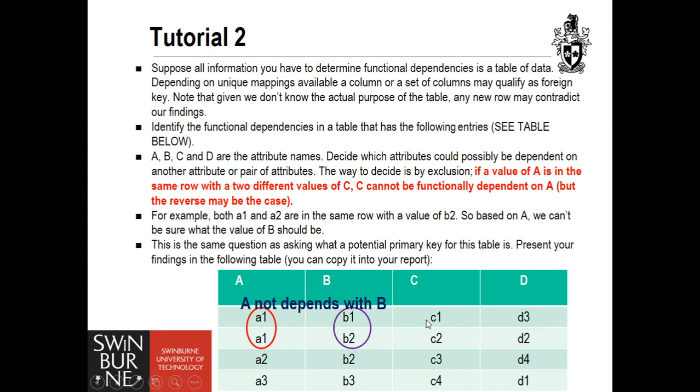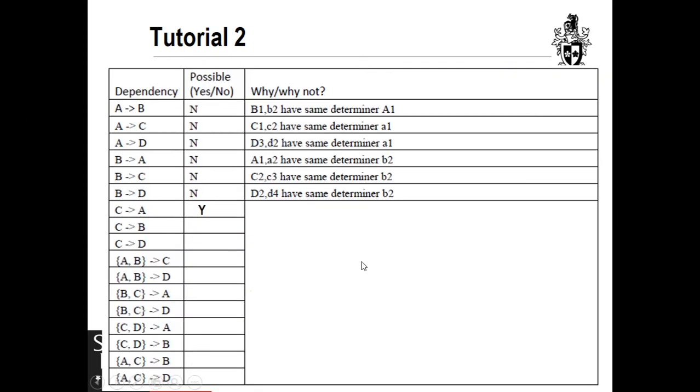C and A. We can see different values of C in the same row with the same value of A. So that means it is the reverse of the rule that I highlighted here. So that means it can be considered as possibly yes. Okay, and then this one is the same thing.